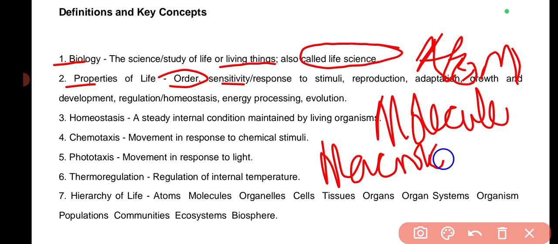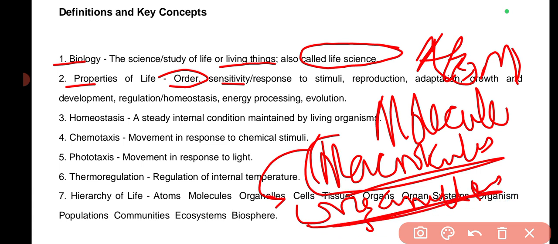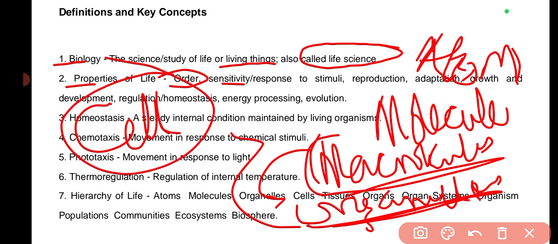Macromolecules function together. Macromolecules are like our organelles, and they come together to form the organelles of the cell. The organelles work together to form the first level of organization of life. So this is the first level of organization of life.